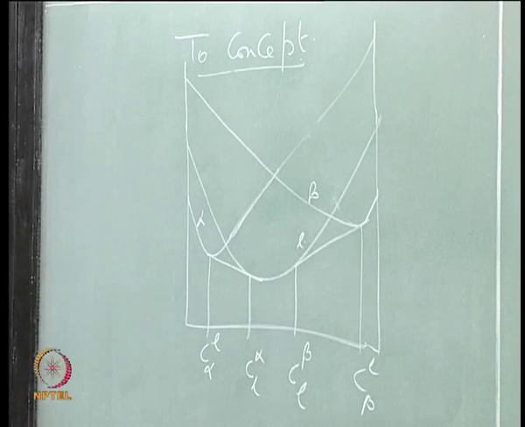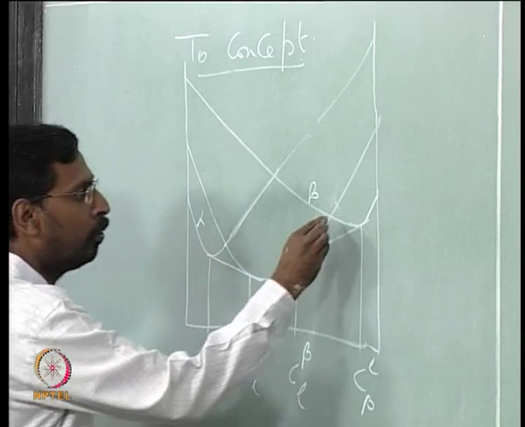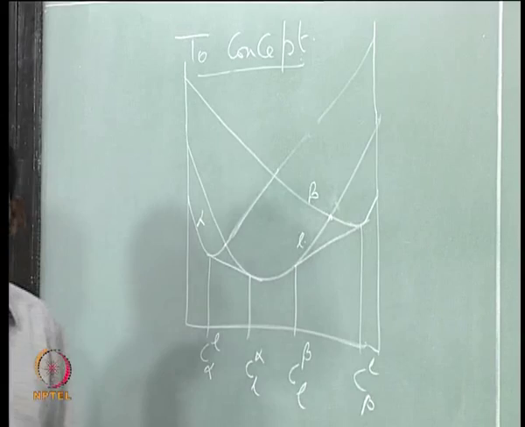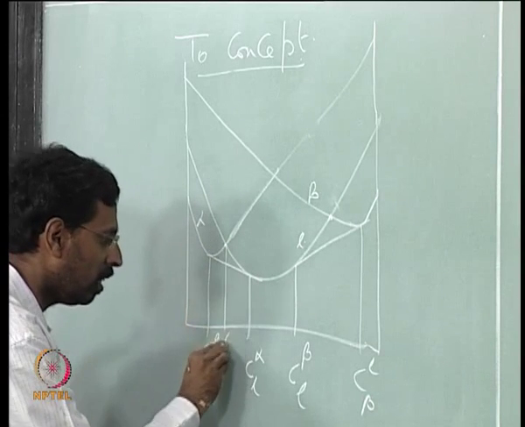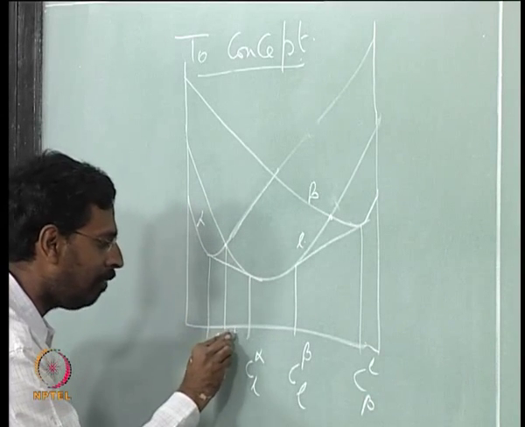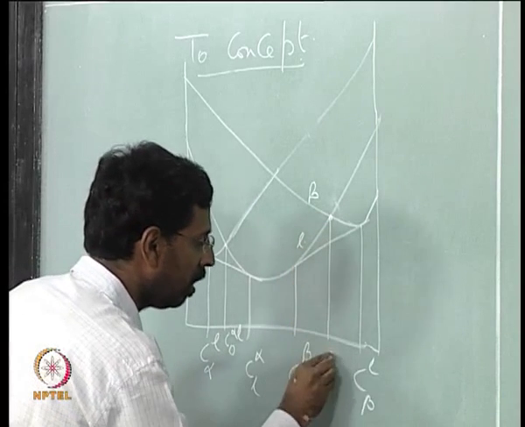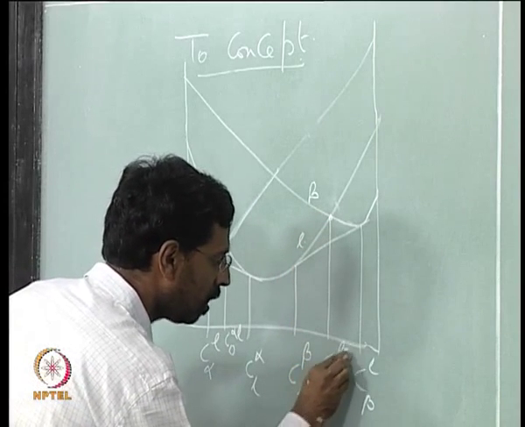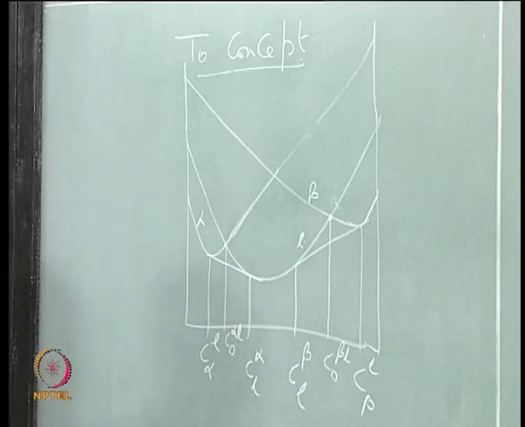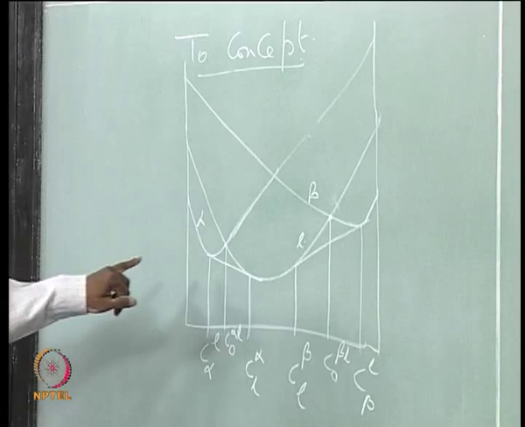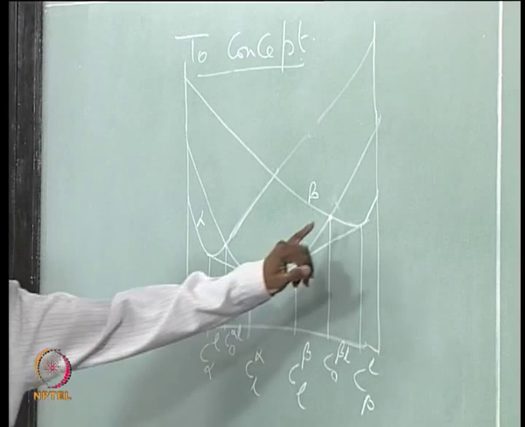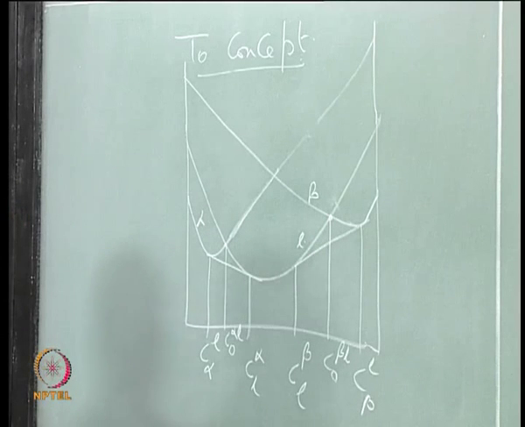So, now once I know this, again I have 2 T naughts, 2 C naughts here. This is C naught for alpha liquid, this is C naught for beta liquid, am I right? I will have one for the alpha and liquid, I will have one for the beta and the liquid.